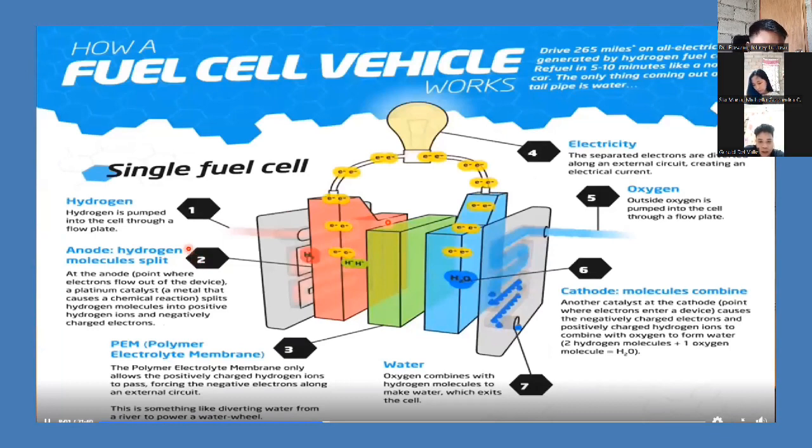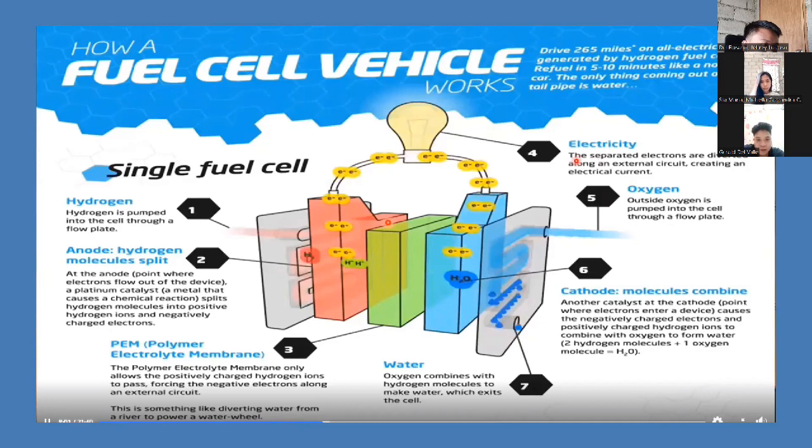A platinum catalyst, a metal that causes a chemical reaction, splits hydrogen molecules into positive hydrogen ions and negatively charged electrons. The polymer electrolyte membrane only allows the positively charged hydrogen ions to pass, forcing the negative electrons along the external circuit. This is something like diverting water from a river to power a water wheel.